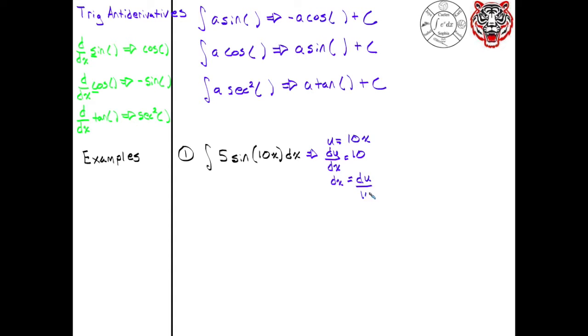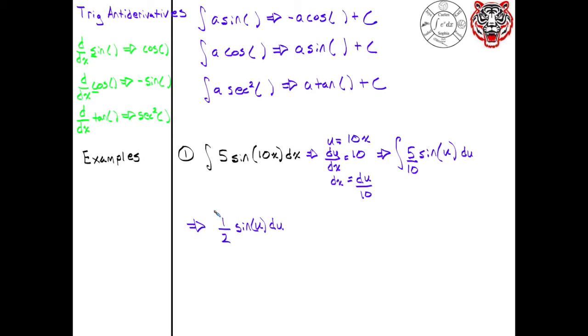That allows me to change this equation to make it a little bit easier. This is still the integral of 5, and then sine of u, and dx becomes du over 10. Simplifying this a little more, we get 1/2 sine of u du.